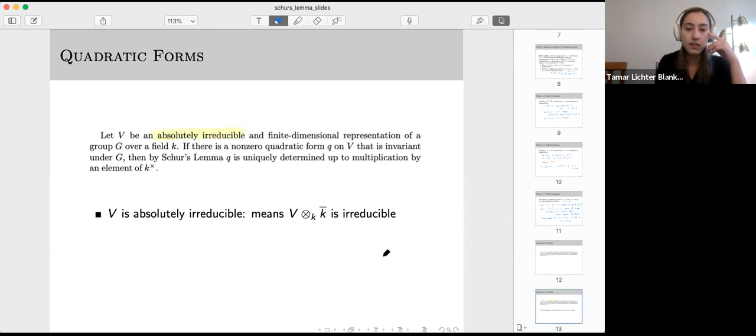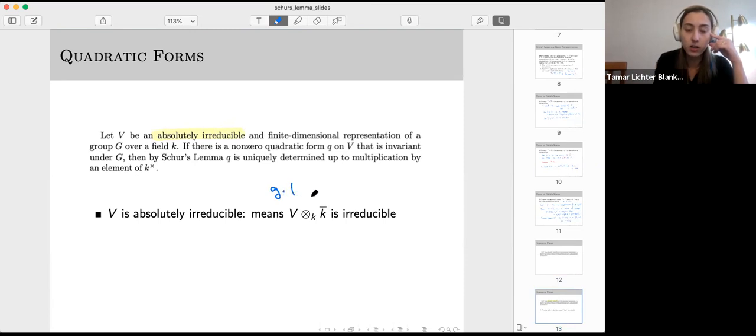The idea is that K bar, the algebraic closure of K, is a field extension of K. Depending on what kinds of things you work with, you may or may not be familiar with extension of scalars of algebraic objects as a thing that people like to do. But the idea is that this is a vector space over K bar. And so you can act on it by G in the following way.